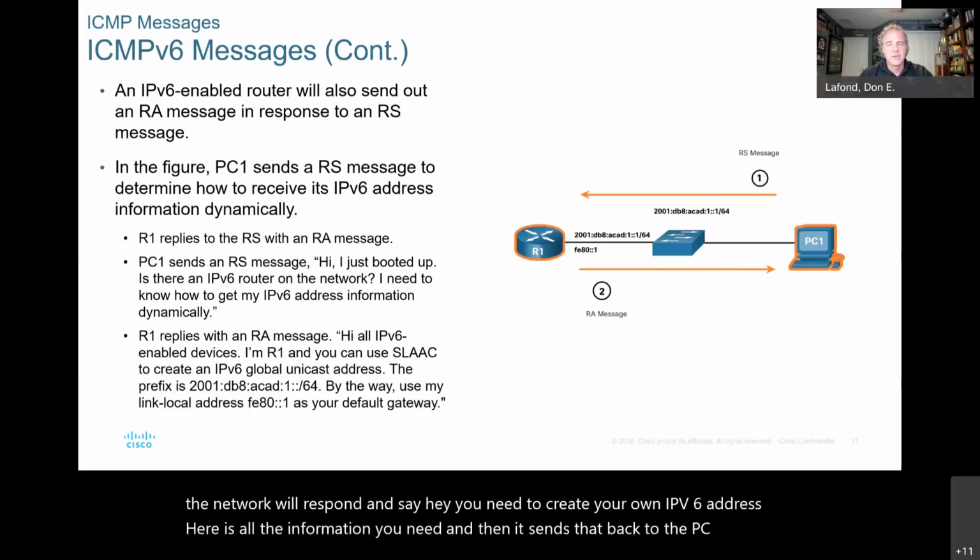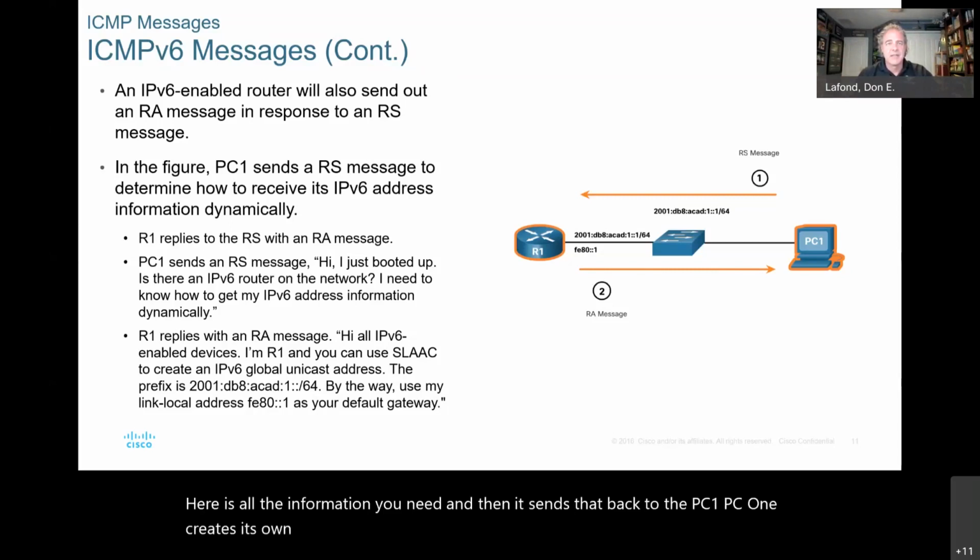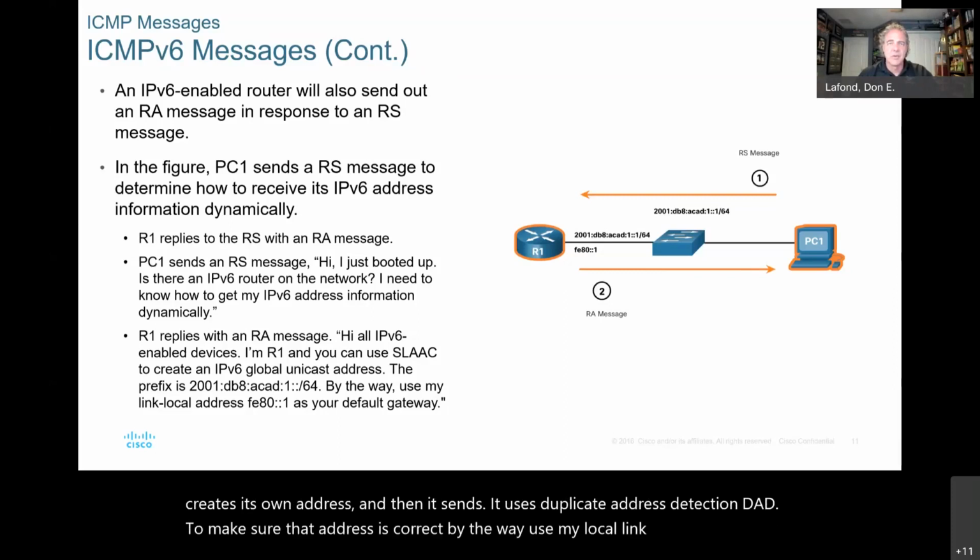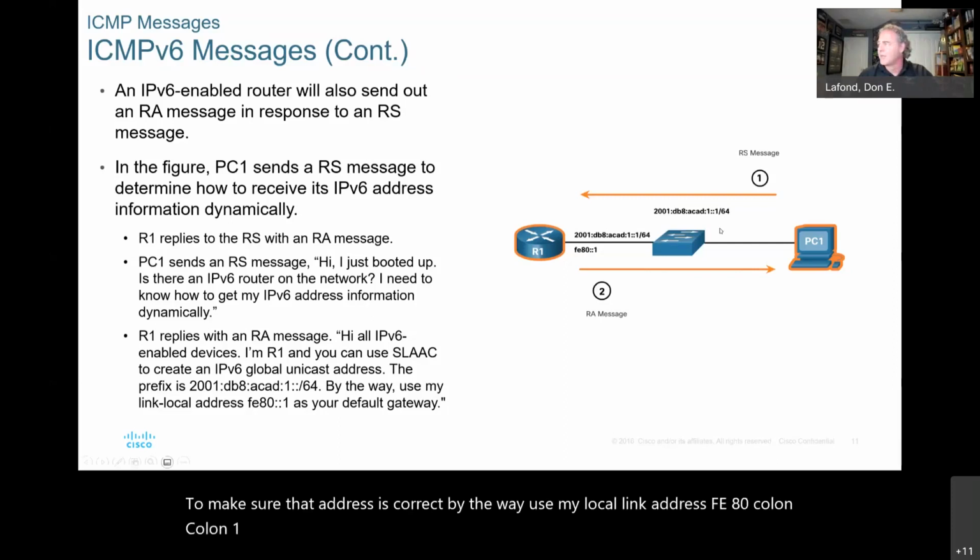PC1 creates its own address, and then it uses duplicate address detection, DAD, to make sure that address is correct. By the way, use my link local address, FE80::1, this address right here, that is where that FE80 is. Use that as your default gateway.